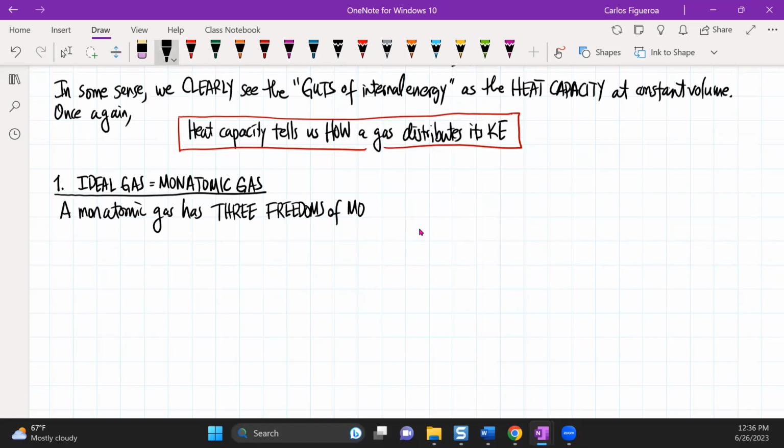That word is important. By looking at the motion, it tells us how the CV function is going to behave. But we don't call this freedoms of motion. The language is called degrees of freedom.